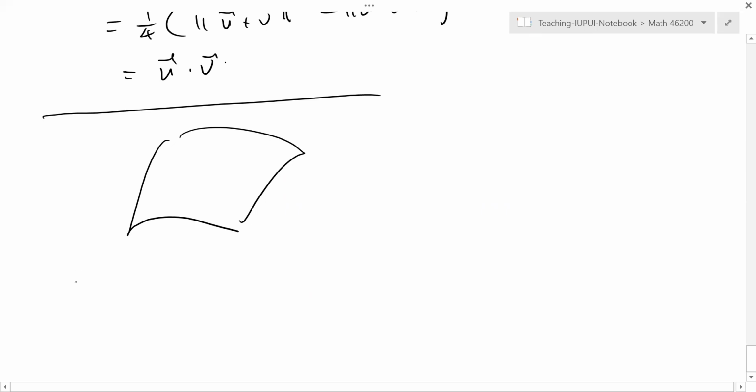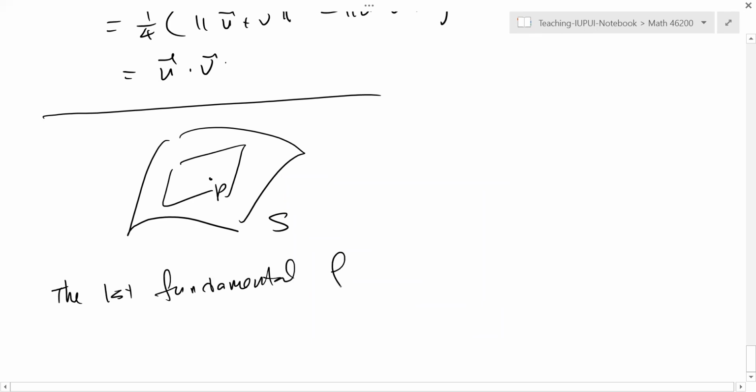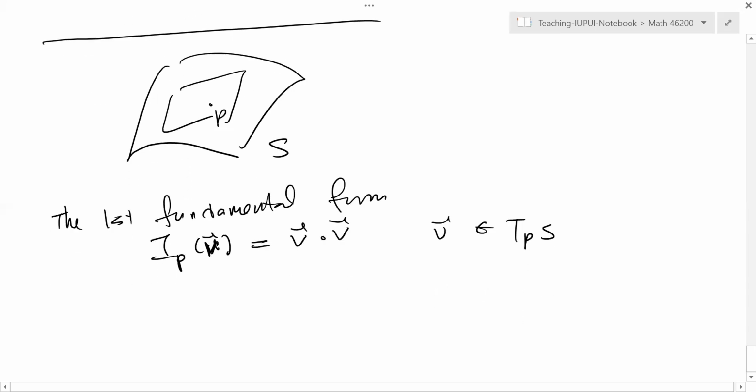The first fundamental form of S at the point P, for a tangent vector v, is defined to be the inner product of the vector with itself. So it's a quadratic form.